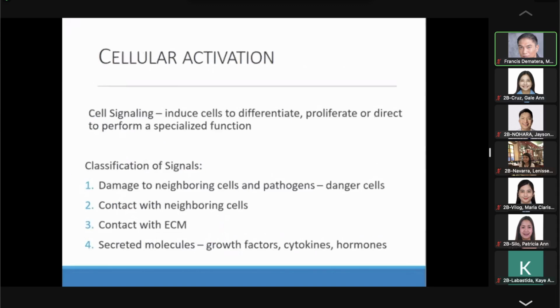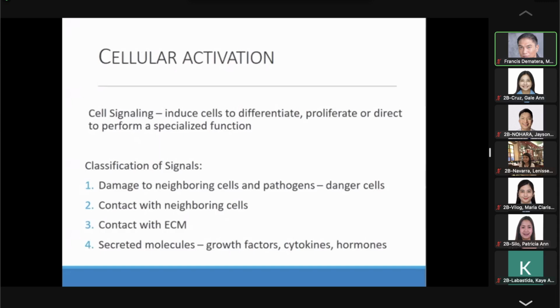Cell signaling. Communication between cells is critical in multicellular organisms. Cell signaling induces cells to differentiate, proliferate, or perform specialized functions. These are classifications of cell signals.